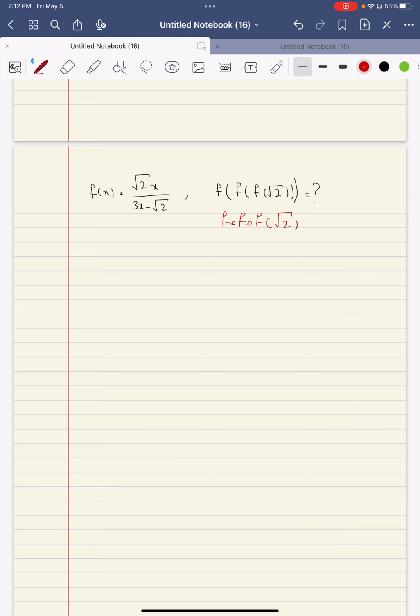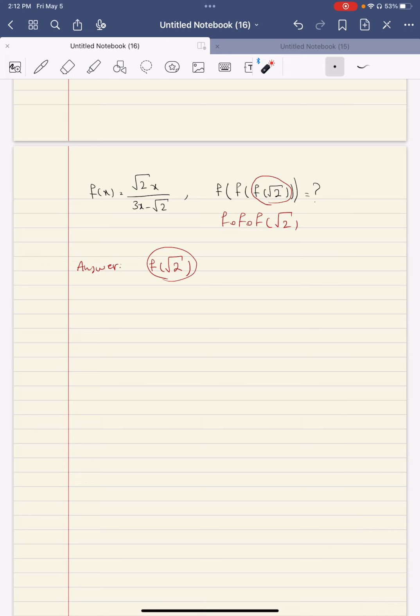Okay, so let's find out the answer. So first of all, we should find the f of root 2, right? For this part. Then when we find the answer for this part, we replace it in here, like we replace a value.